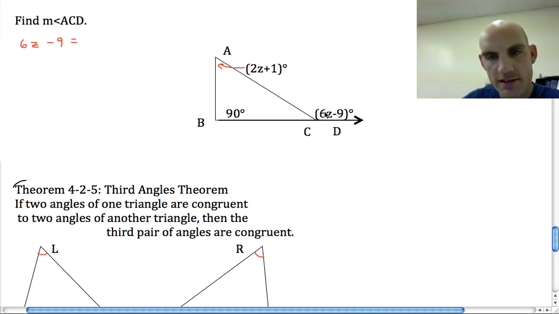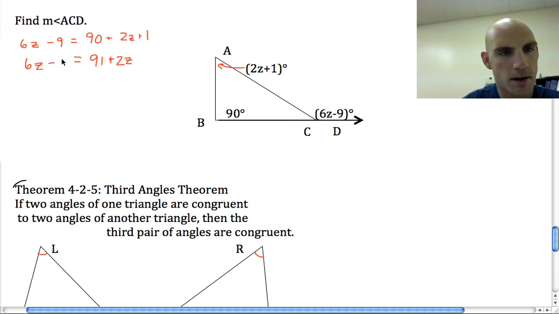So I've got this exterior angle, and I'm going to set that equal to the two remote interior angles, which is going to be 90 plus 2z plus 1. And when I combine my like terms, I'm going to have 91 plus 2z, okay, is equal to 6z minus 9.